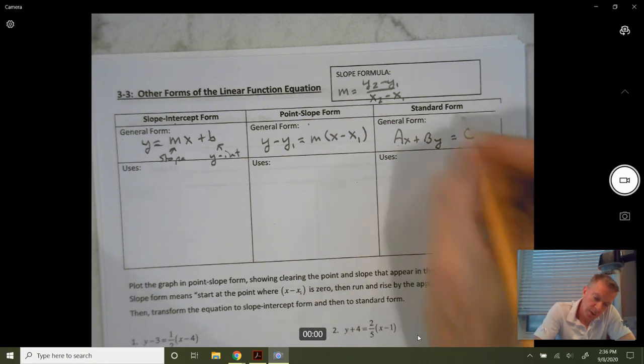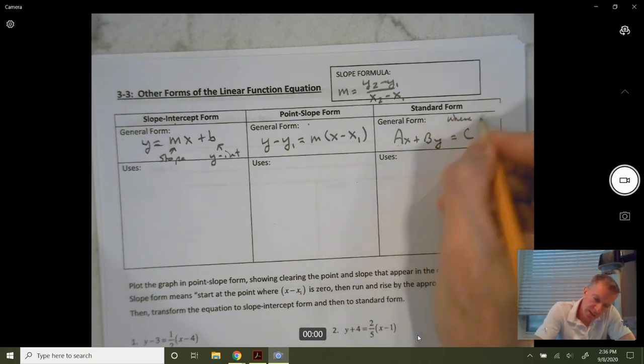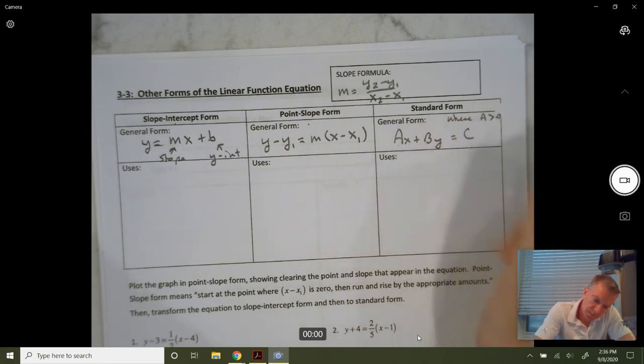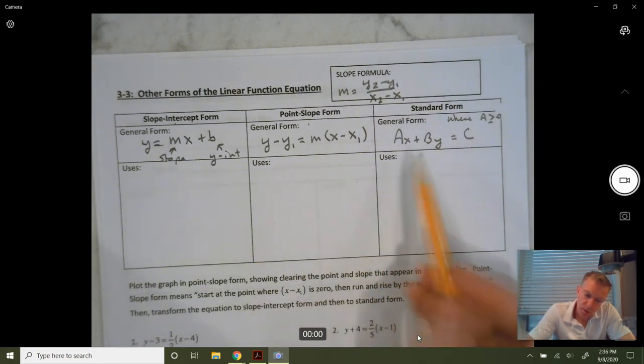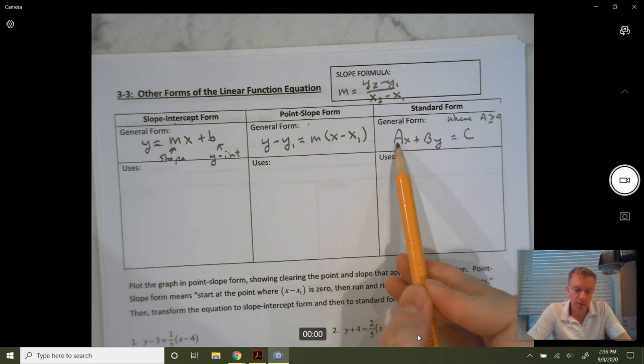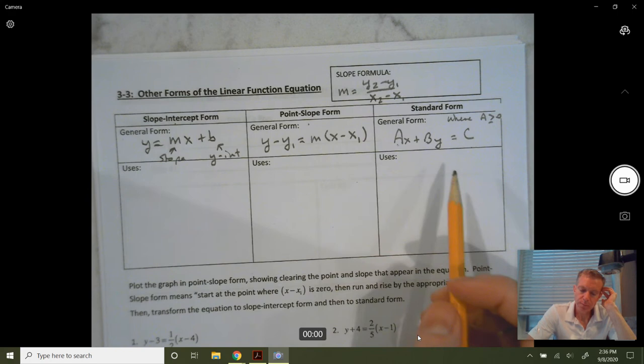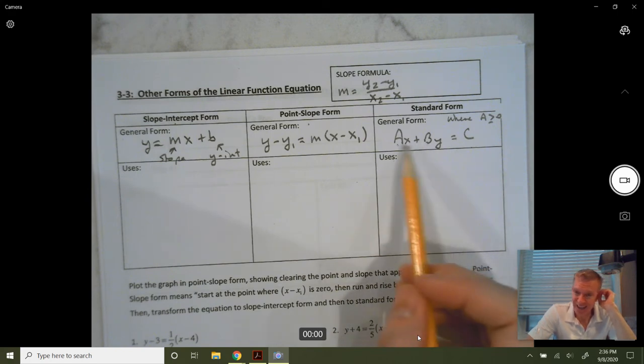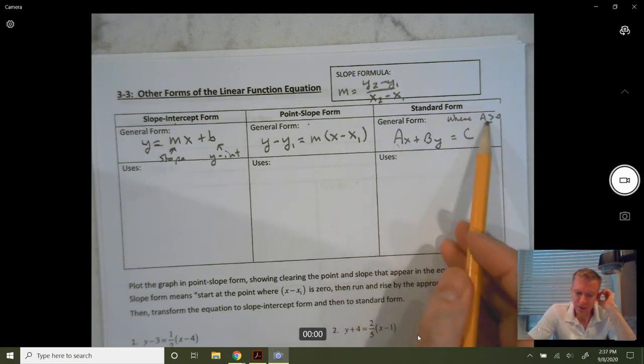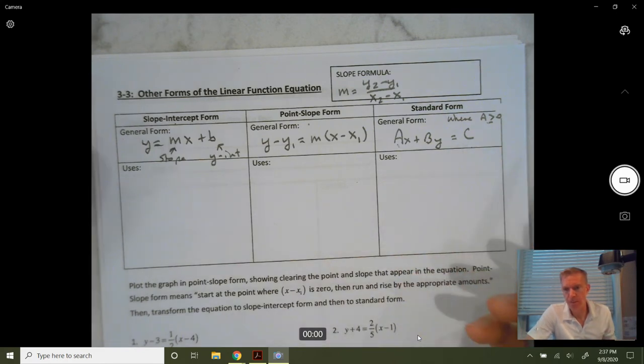So we're going to say where a is greater than 0. Let's say greater than or equal to 0. Because if a is 0, then you have no x term and you simply have a horizontal line. Okay, and if a is not greater than 0, then you just multiply both sides of the equation by negative 1, and then a will be positive.